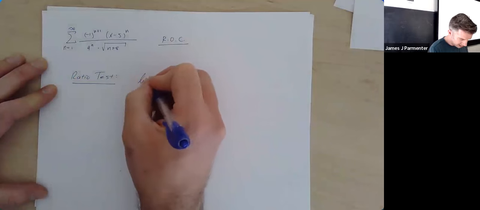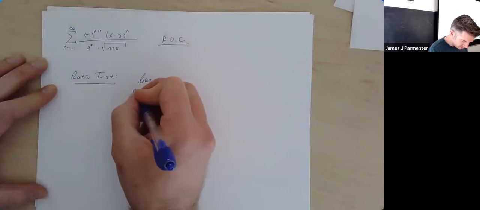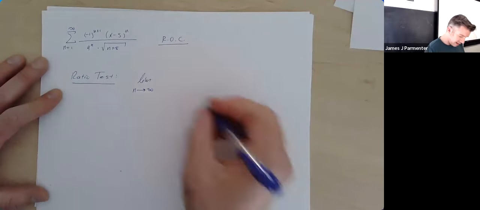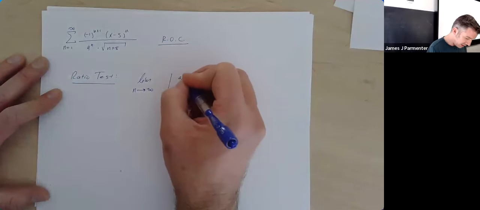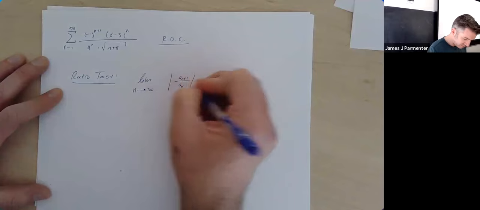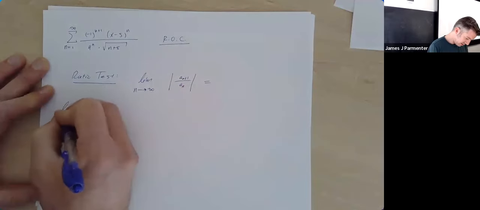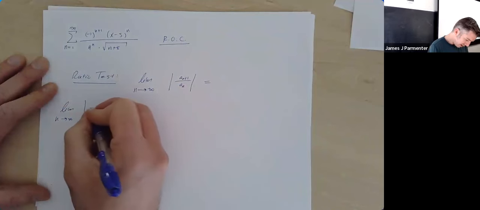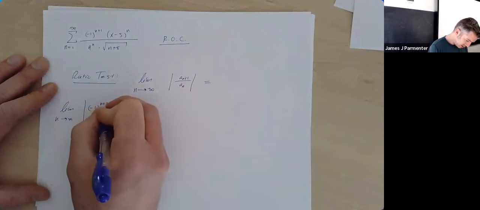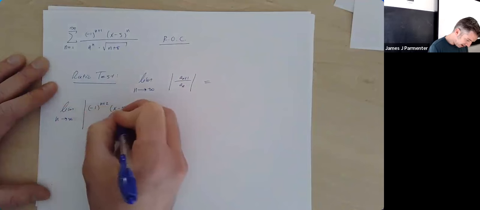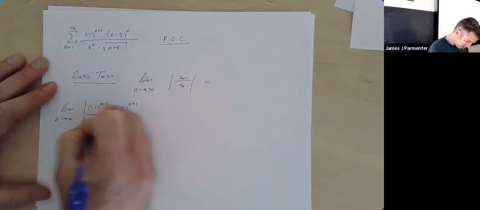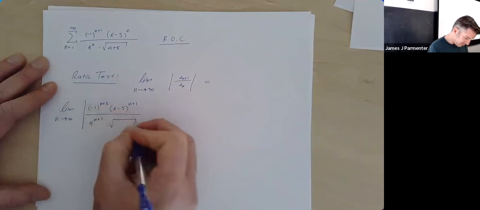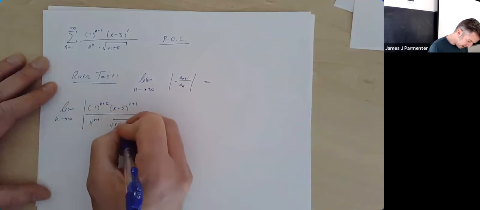We're going to take the limit as n goes to infinity of, again, a_(n+1) over a_n. Here we really do need the absolute values. So it's the limit as n goes to infinity of (-1)^(n+2) times (x-5)^(n+1) over 4^(n+1) times the square root of n+1+8, which is n+9.